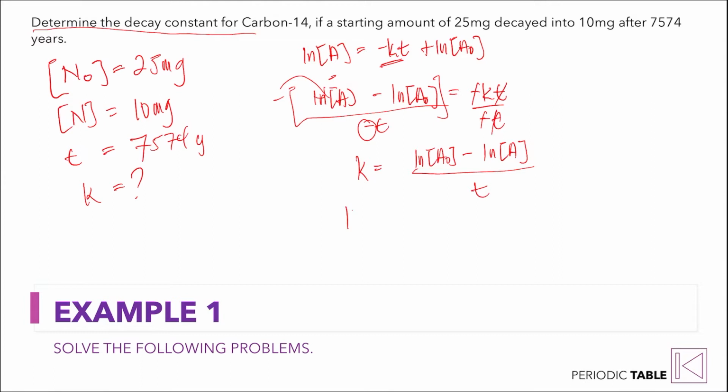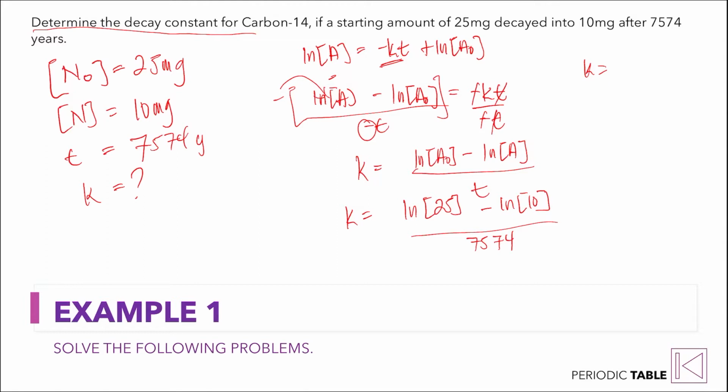So, let's solve for T. So, ln 25 minus ln 10. The time is 74 years. So, let's try to put down: ln 25 minus ln 10 divided by 74.